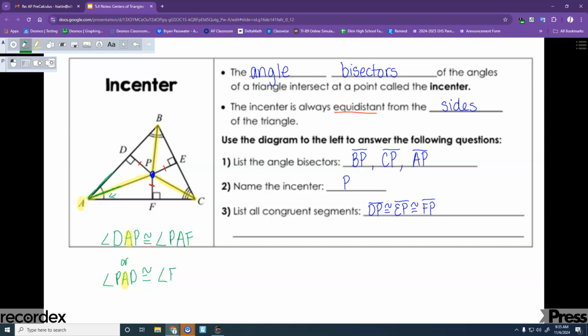FAP would also work. Okay, so those two angles are congruent. I could do those for all of the angles here. We won't for the sake of time. Okay, so when you're naming an angle, the middle letter is your vertex of the angle.